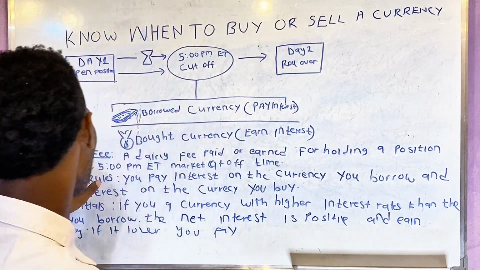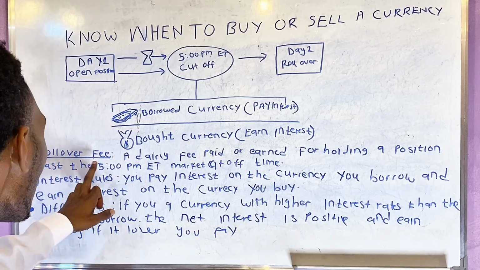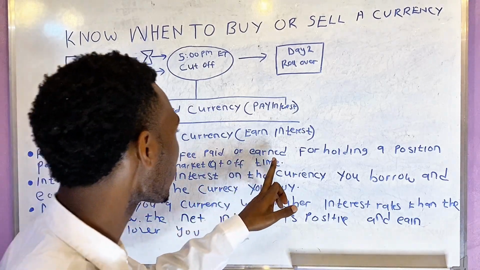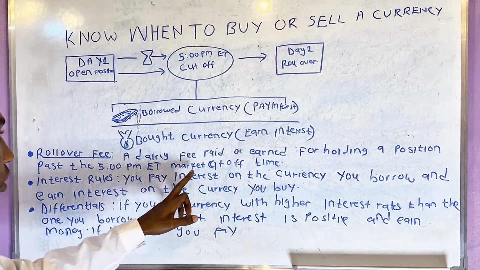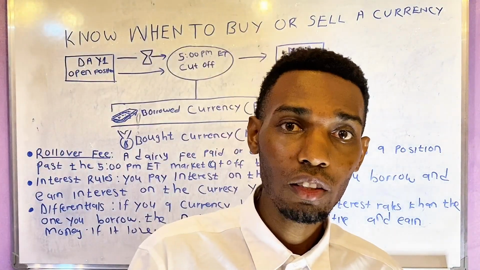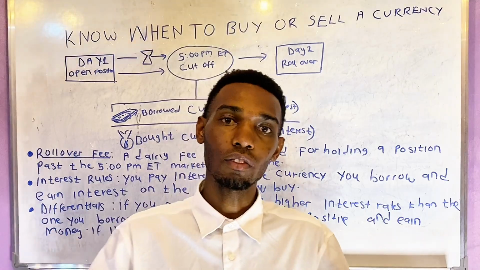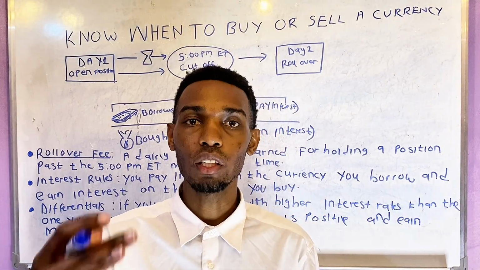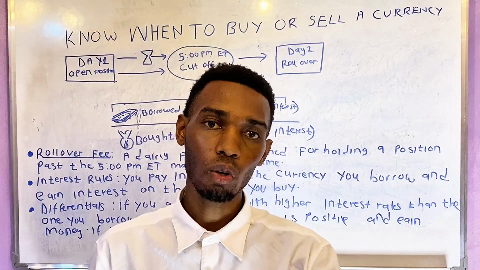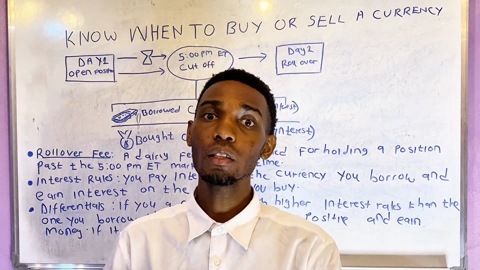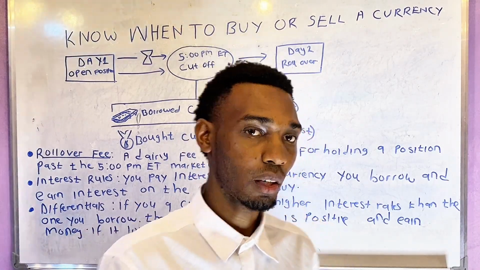Okay, let us see. Overnight fee: a daily fee paid or earned for holding a position past the 5 p.m. ET market close. In this case, the bank gives you interest for holding your money. Also, when you borrow money from the bank, you pay interest.